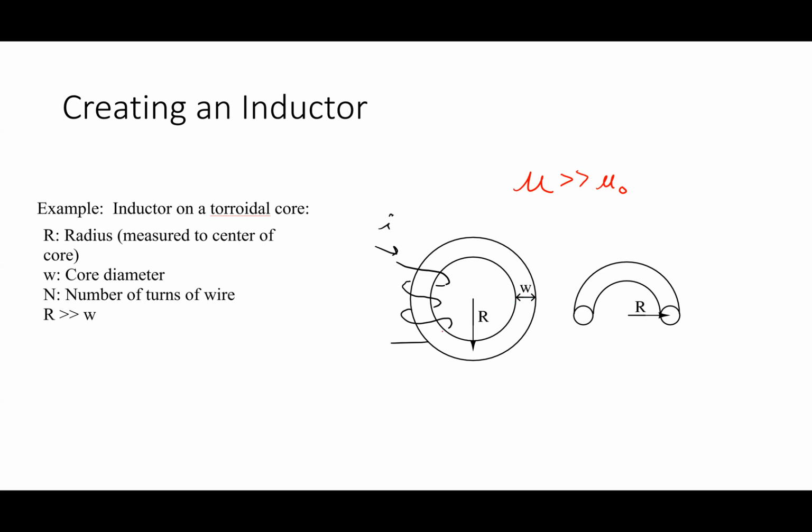And I said it has a radius R, which is measured to the center of the core. And I've said that the radius is much larger than W. What does much bigger than mean?